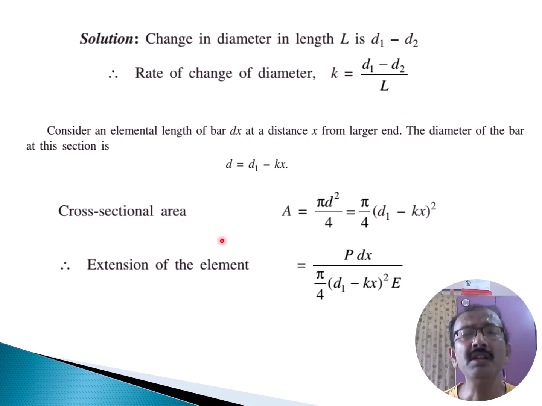The cross-sectional area is A equals pi by 4 d square, putting in the value of d. The extension of the element is P dx by (pi by 4 (d1 minus kx) square into E).